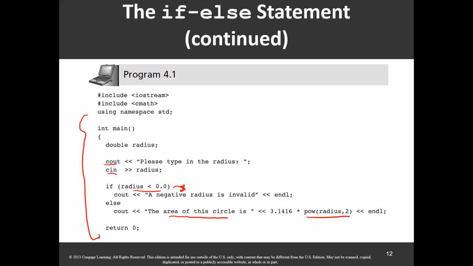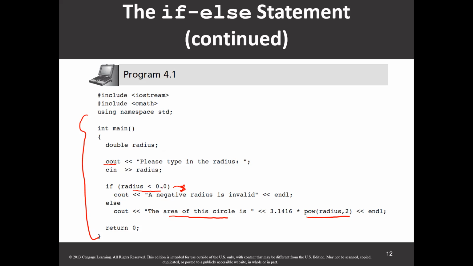Okay, and in order to avoid such a mistake, we will use if else here in order to avoid user mistakes. We will check if the radius is less than 0.0. Okay, if it is, that means it's less than 0. If this is the condition, then we will say that a negative radius is invalid. Then of course it's going to jump directly to return 0 and the program is supposed to terminate.